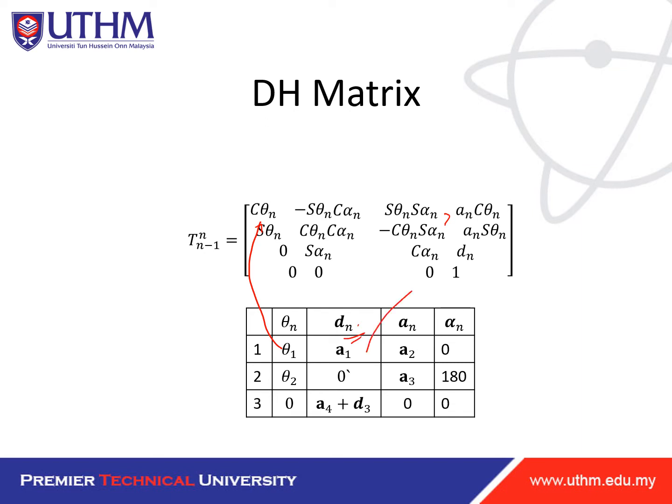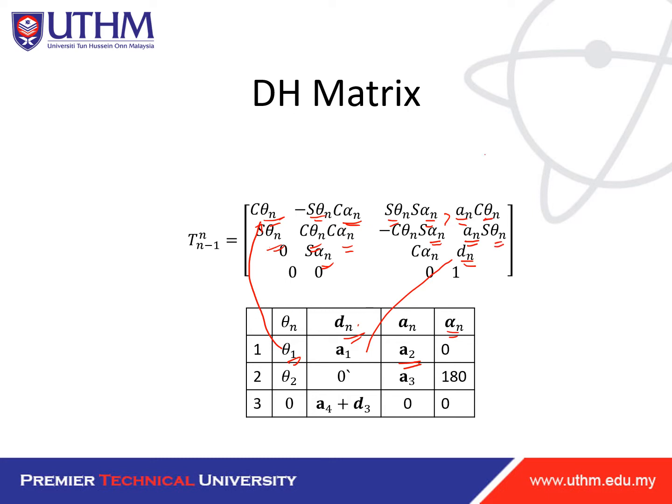So DN is this value here, and AN is this value here, and alpha n is this value here, and theta is this value here.